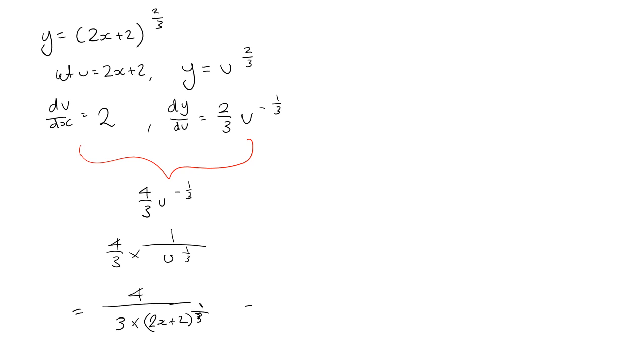Okay, so the derivative function would be 4 over 3 times the cube root of 2x plus 2. That would be the derivative function for y equals 2x plus 2 to the power of 2 on 3.